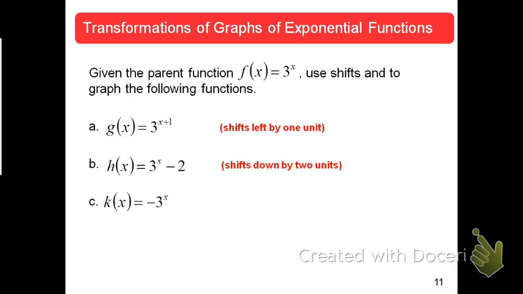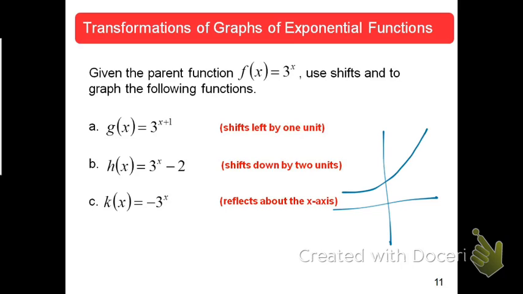What about k of x equals negative 3 to the x? What does a negative in front of the function actually tell us? It gives us a reflection about the x-axis. So what would that look like? We have our regular function, 3 to the x, and our point here again is (0, 1).